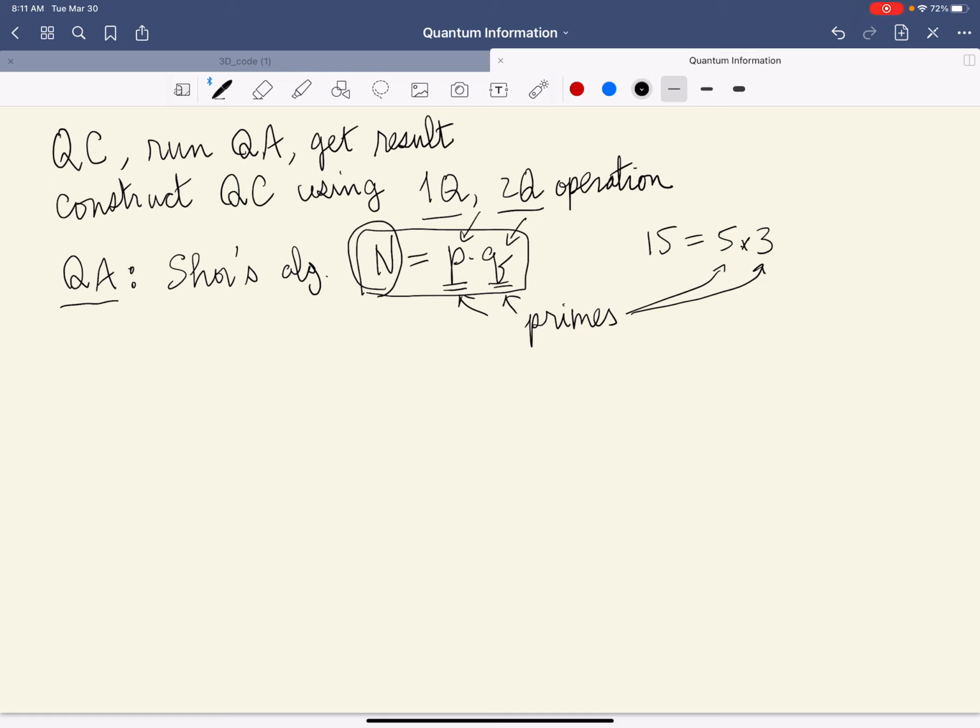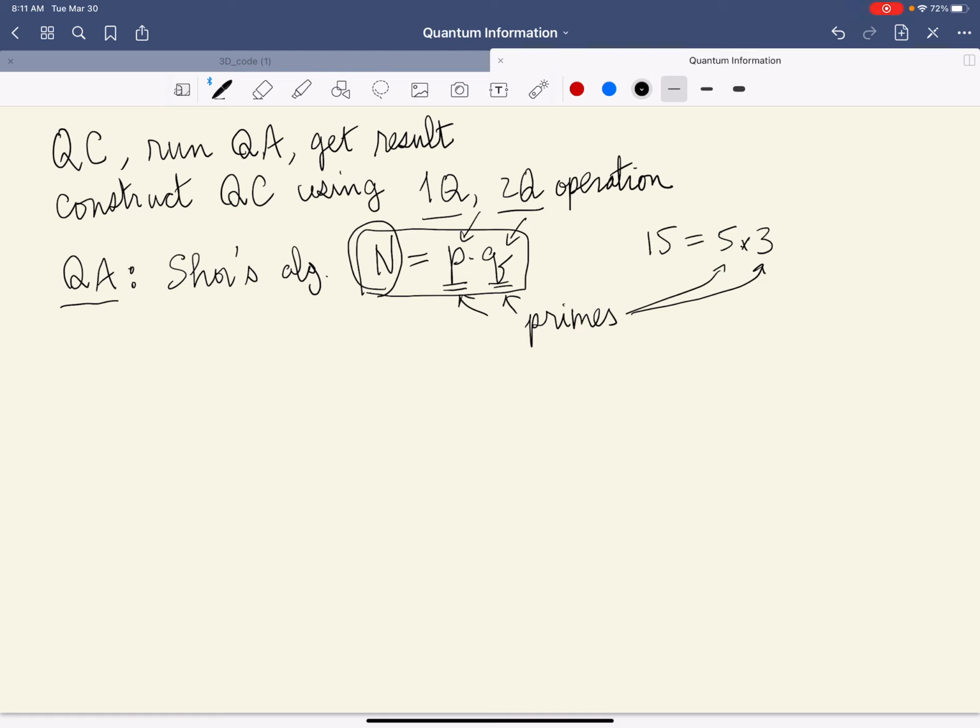We're not going to cover Shor's algorithm in its entirety because most of the argument is highly mathematical, and this course is about the physics side of quantum computation rather than the mathematical side.